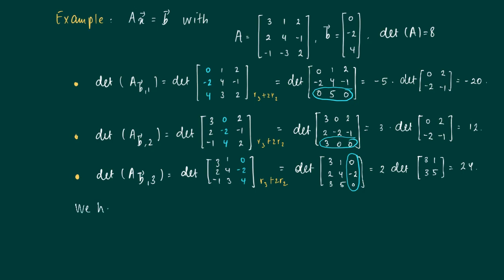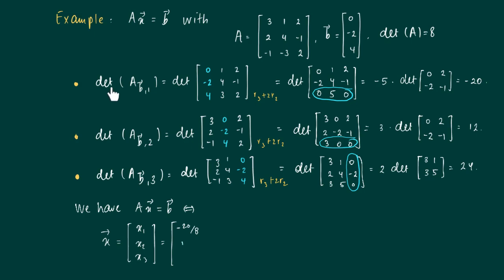So what does Cramer's rule say? Well, look at the system of linear equations Ax = b again, then we know that x = (x1, x2, x3), and x1 is given by -20 divided by 8.